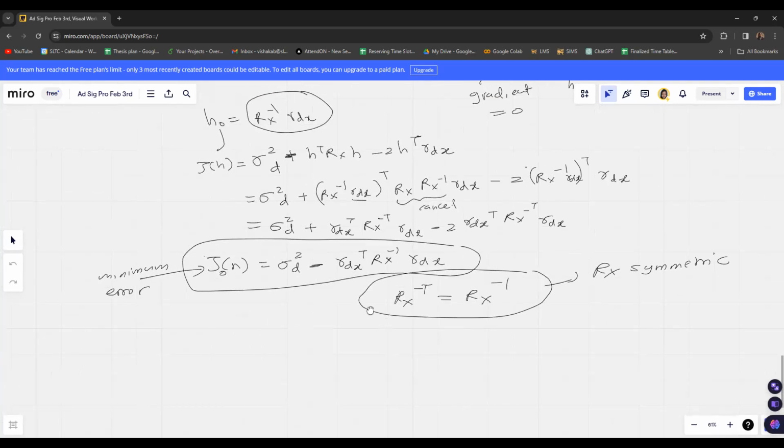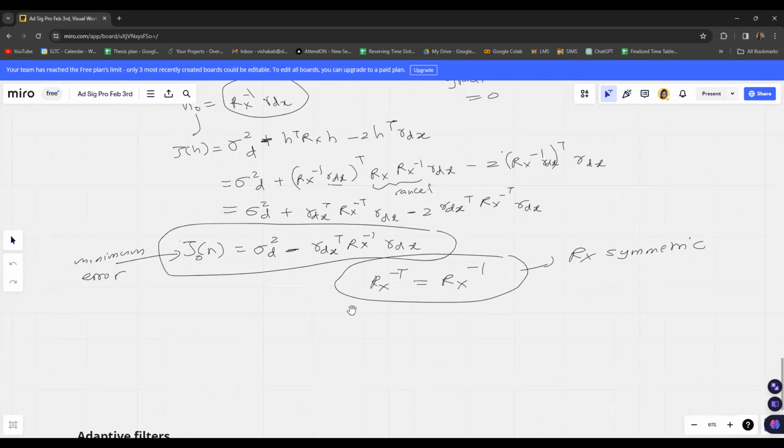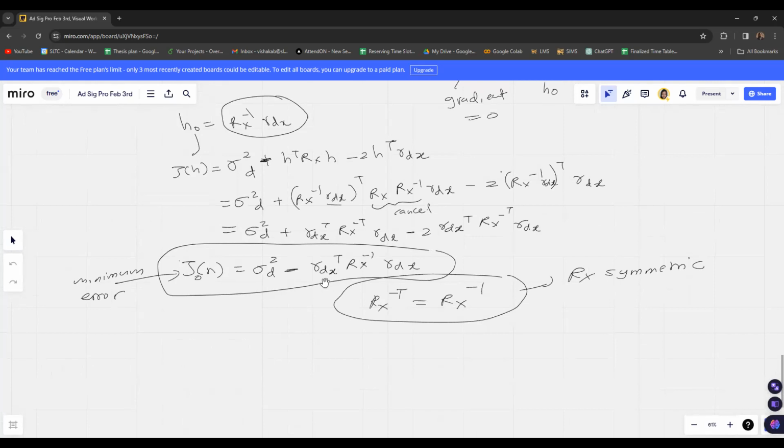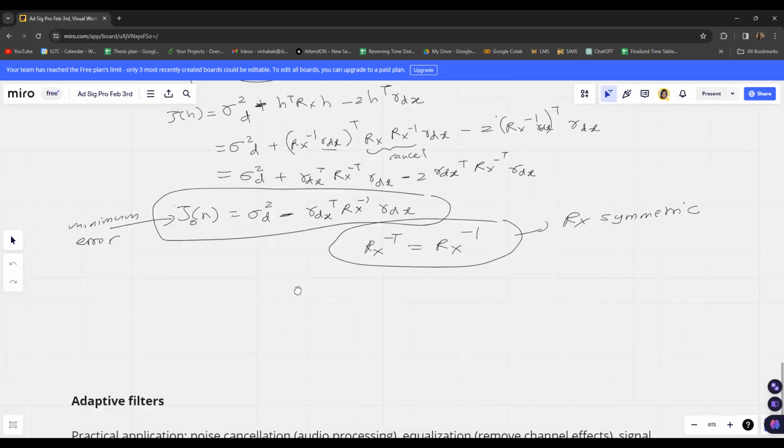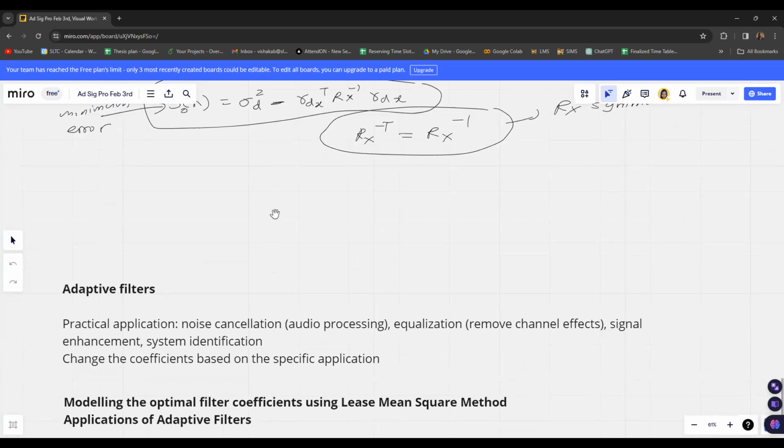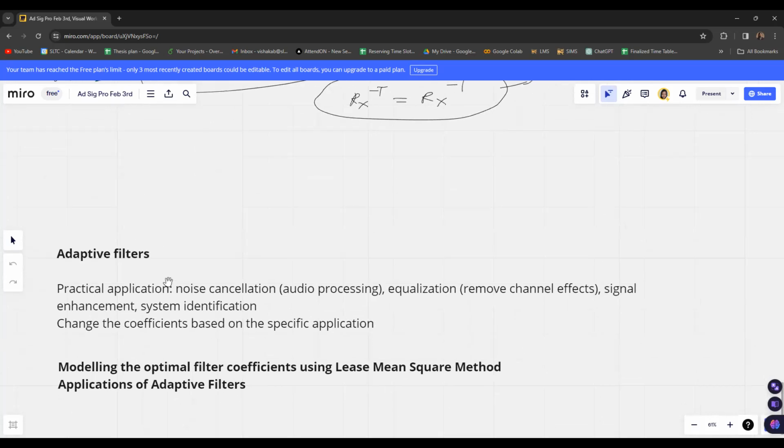The minimum error equation we have also derived, and we have discussed how we can denote the error function with the known matrix values. We have also discussed practical applications of adaptive filters. Those are the things we have discussed.